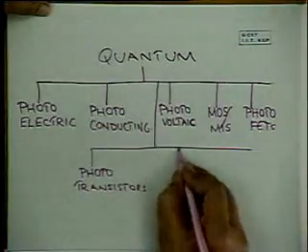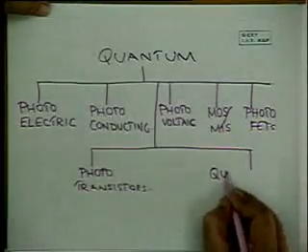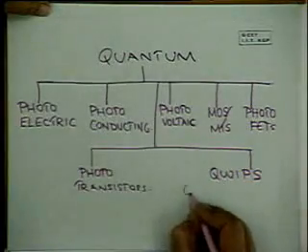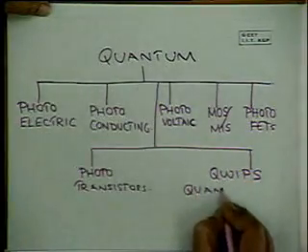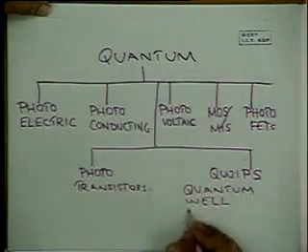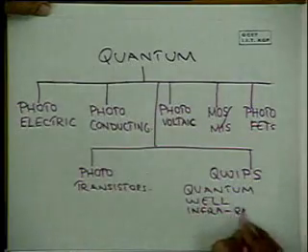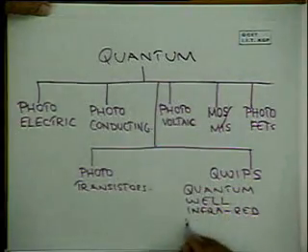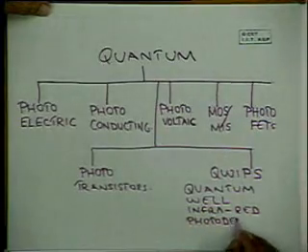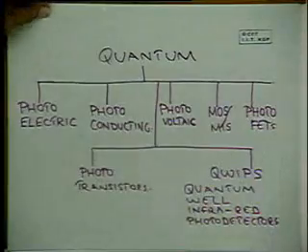And the most recent devices are called QUIPs, quantum well infrared photodetectors, which arrived on the scene less than 10 years back.